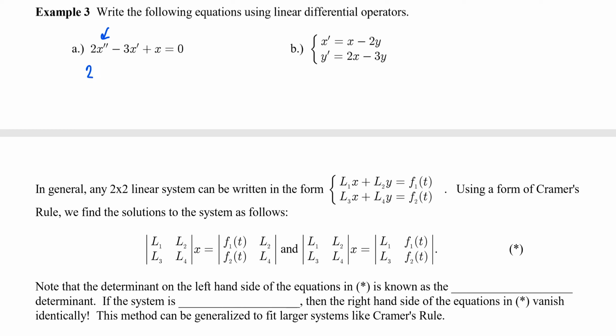So instead of x double prime, I'm going to say a second derivative of x, and I indicate that as D squared. Second, we have x prime. That's a first derivative. So we're going to do minus 3 times the first derivative of x. No derivative on this term. And then all of those terms have an x in common, so I'm actually going to factor it out. And we have (2D squared minus 3D plus 1) x equals 0.